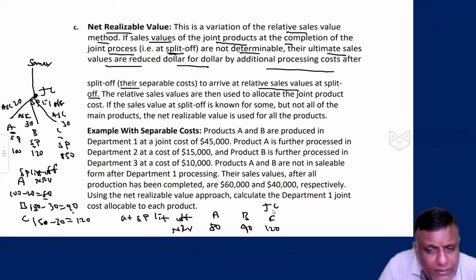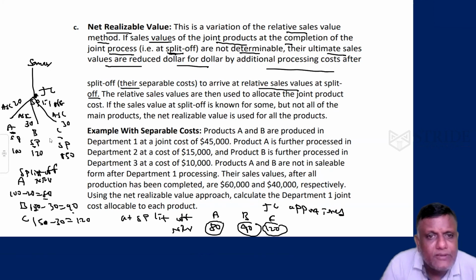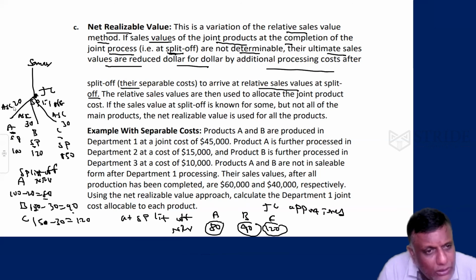Our joint cost will be apportioned on the basis of 80, 90, 120 by using reverse method. That's okay. So the joint cost you apportion by the reverse method. I know the after separation cost for each product. I know the selling price of each output. But after separation, how do you apportion the joint cost?